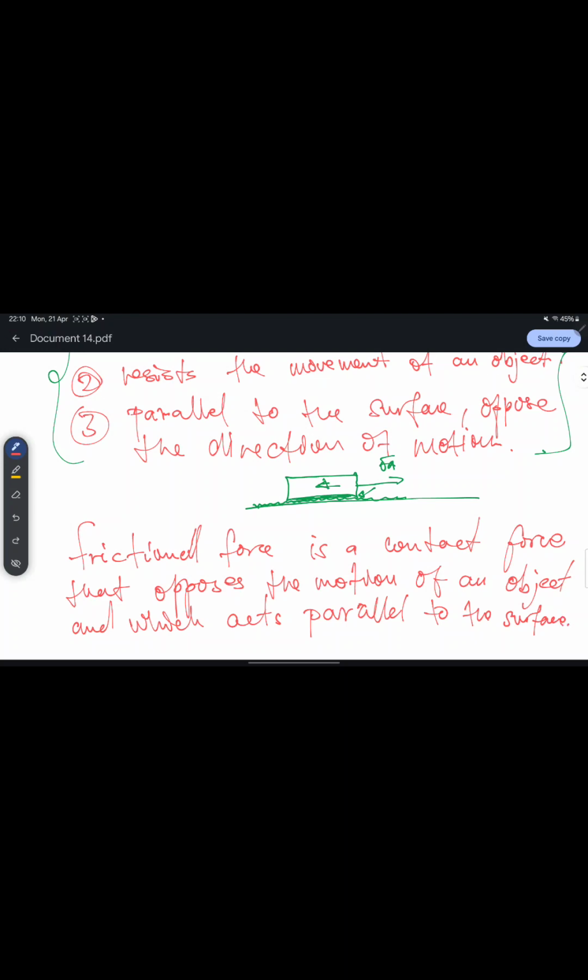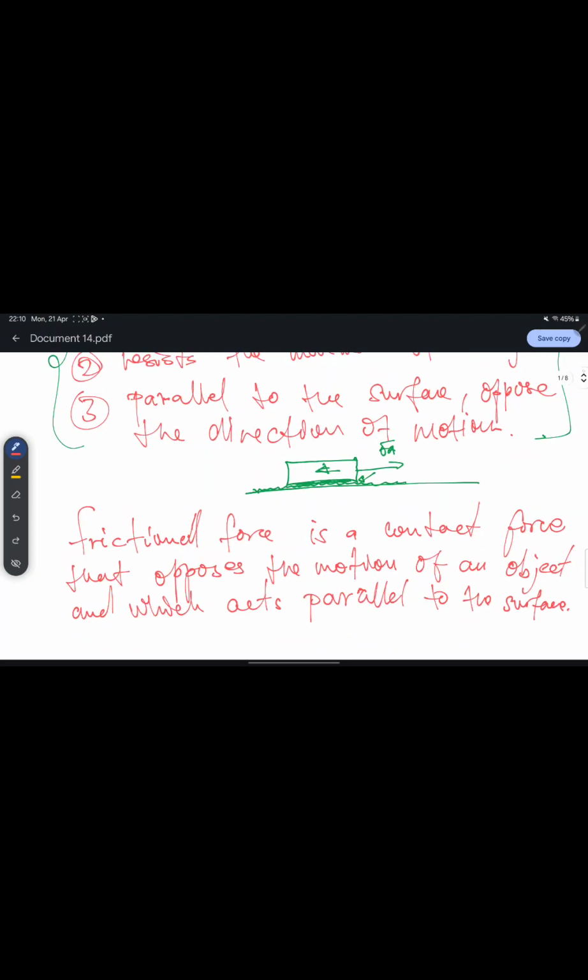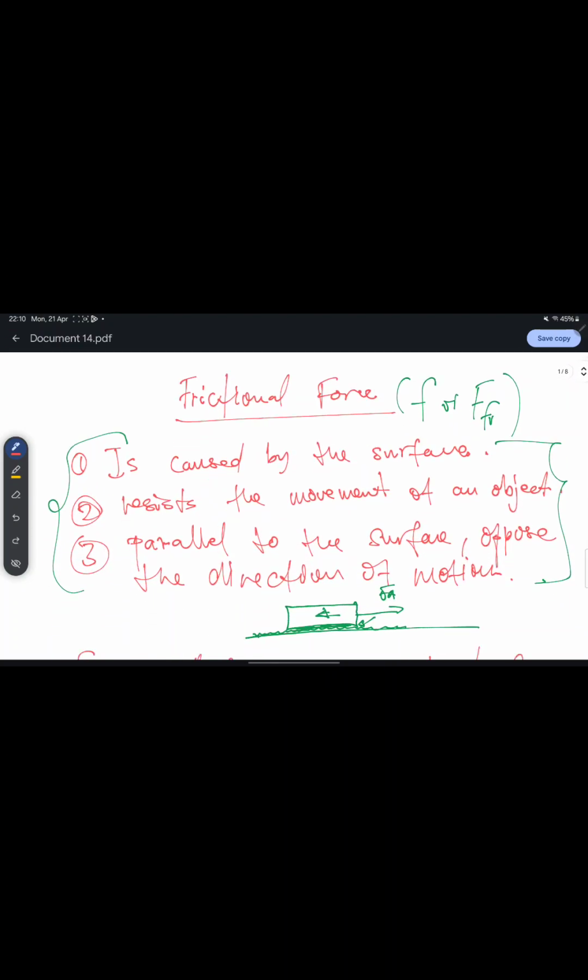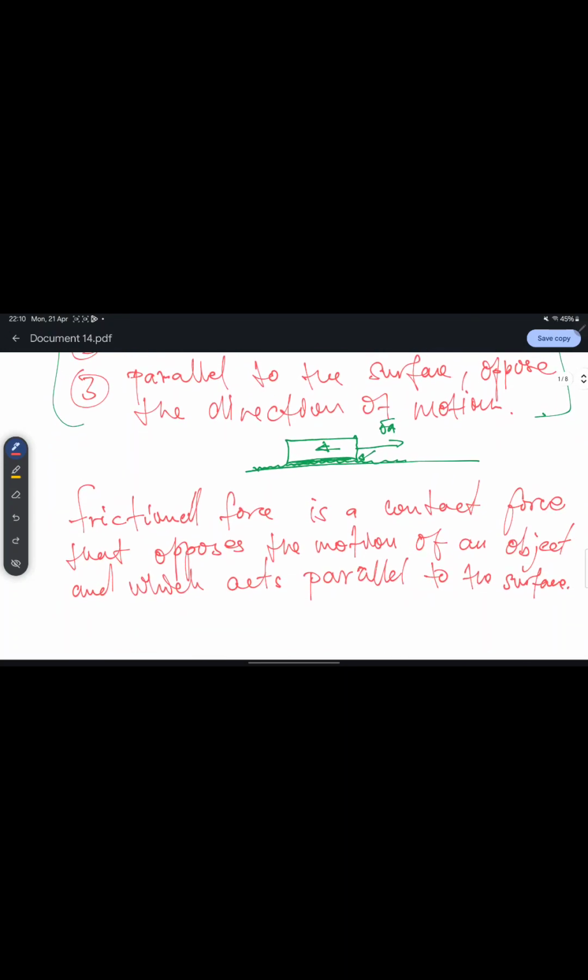That is a proper definition of a frictional force. You have included that it is parallel, you have included that it opposes the motion, you have included that it is a contact force caused by the surface.